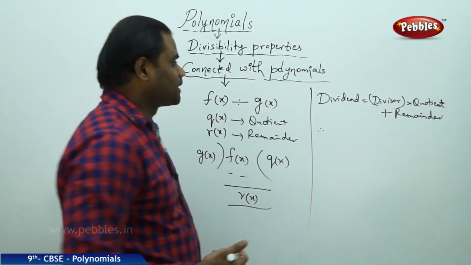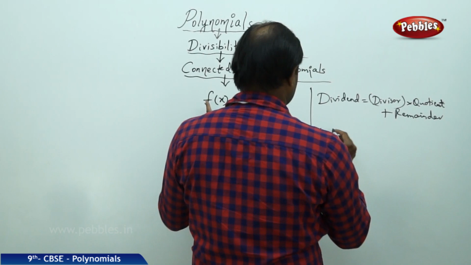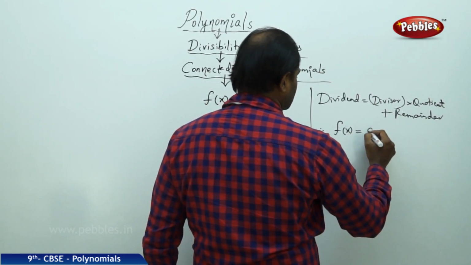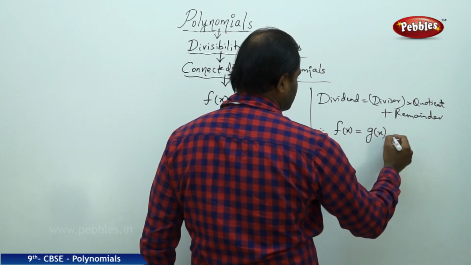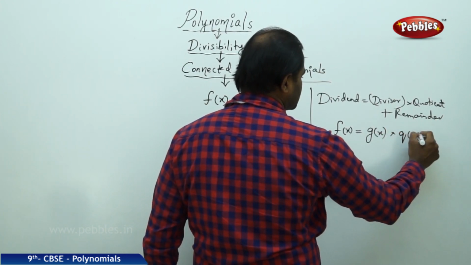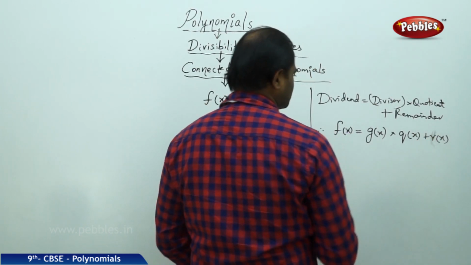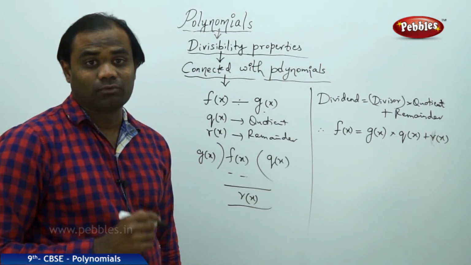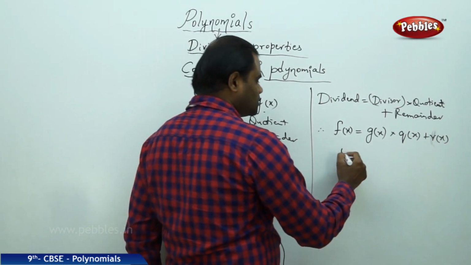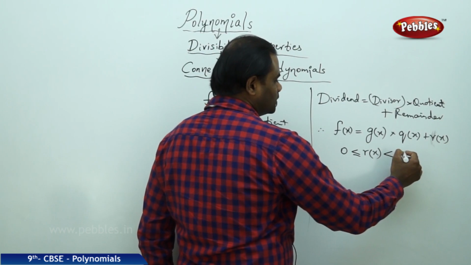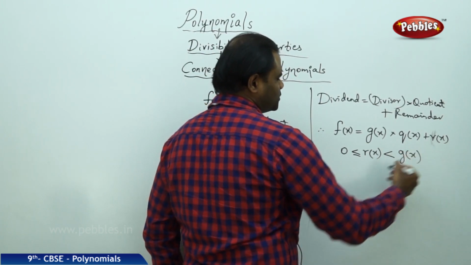The dividend, the polynomial being divided, f of x, is equal to g of x into q of x plus r of x, provided that 0 is less than or equal to the remainder, which is less than the divisor g of x.